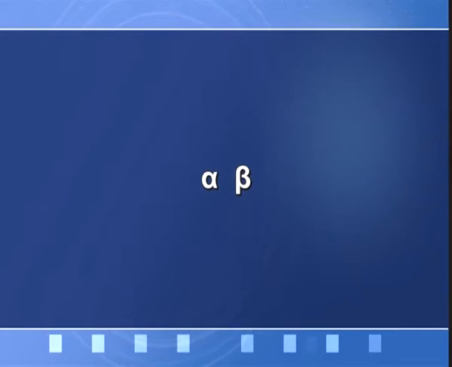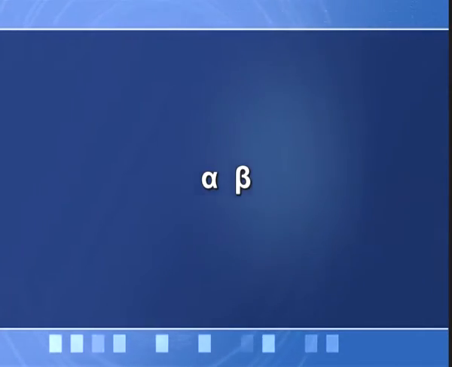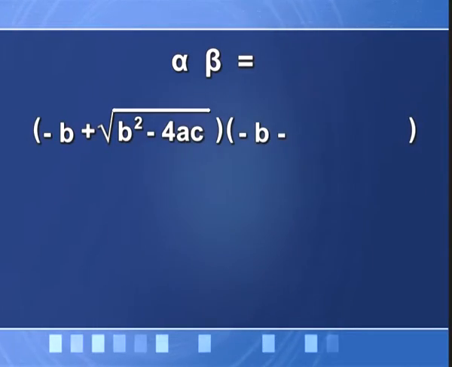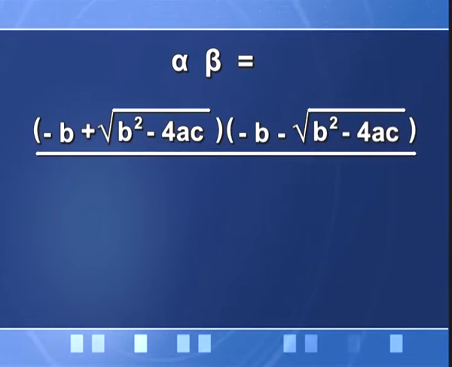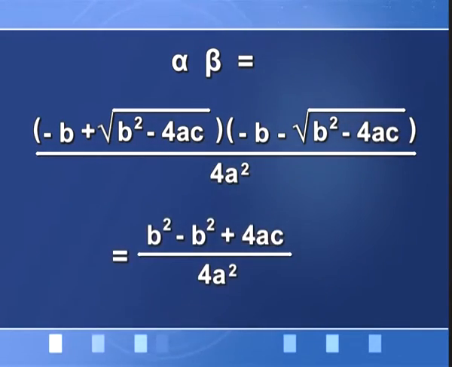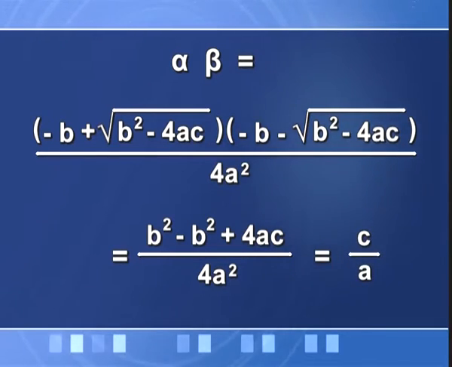Let us talk about the product of the roots. We multiply alpha and beta. When we multiply alpha and beta, we get negative b plus under root of b square minus 4ac into negative b minus under root of b square minus 4ac over 2a into 2a, which will be 4a square. Simplifying, I get c over a. Remember, c is the constant term in the quadratic equation, a is the coefficient of x square.